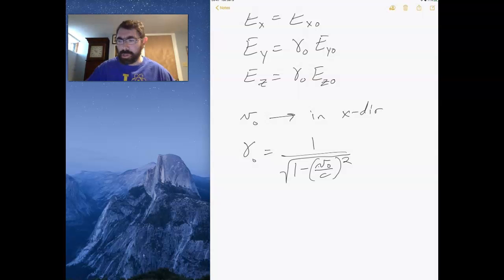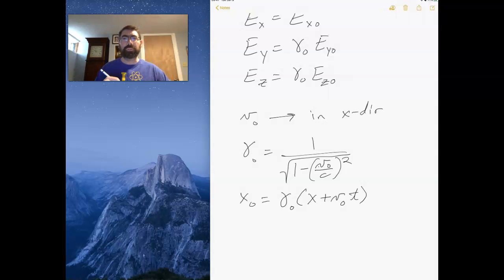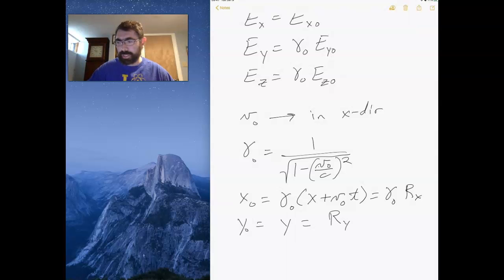So therefore, x0 is going to be gamma 0 times x plus v0t from the Lorentz transformation. And I'm just going to call that gamma 0 rx. And then y0 is equal to y, which is equal to ry. Z0 is equal to z, which I'm going to call rz.